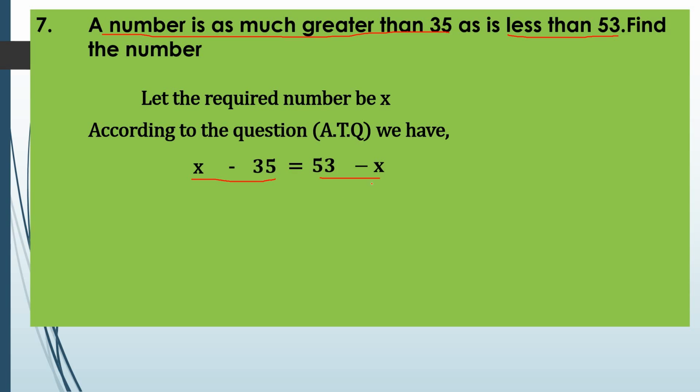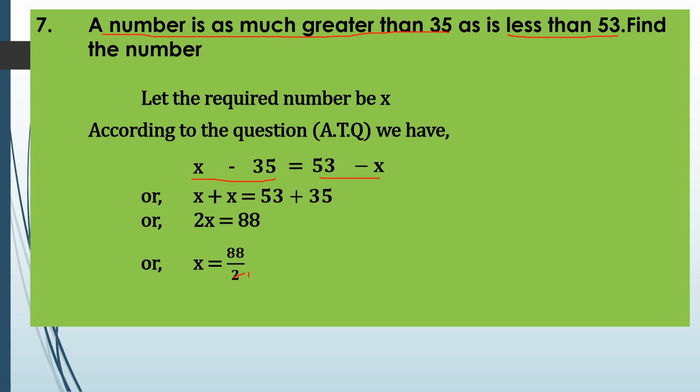So we have now a linear equation containing variable on both sides, which we have already learned. So we'll take the variable to the left hand side and constant on the right hand side. So minus x will become plus x. x plus x equals 53 plus 35, or x plus x is 2x. 53 plus 35 gives us 88, which means x is equal to 88 divided by 2.